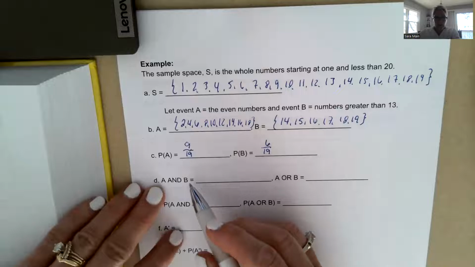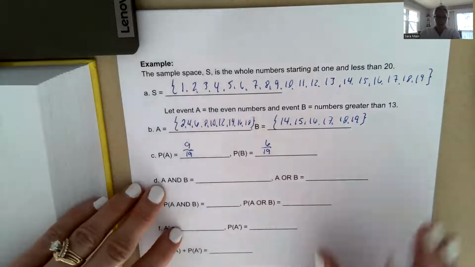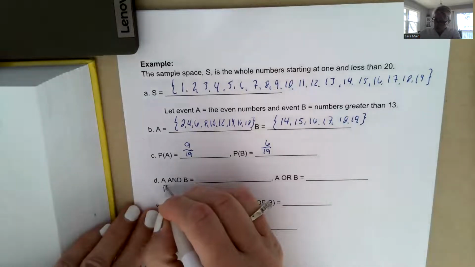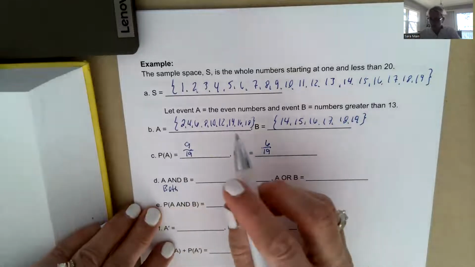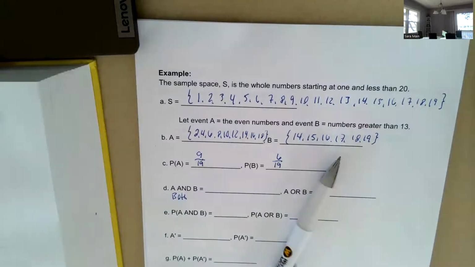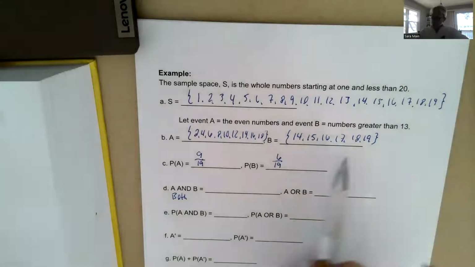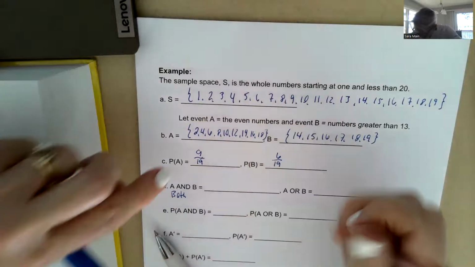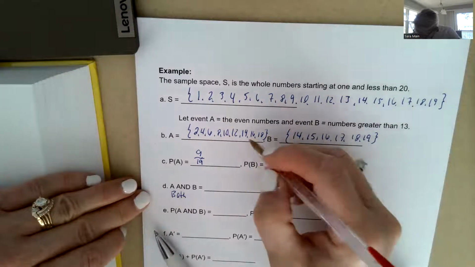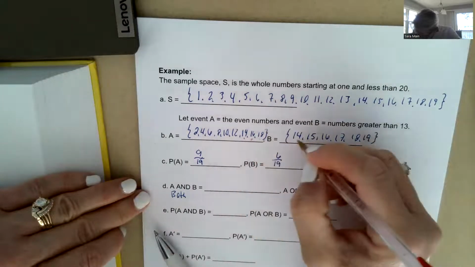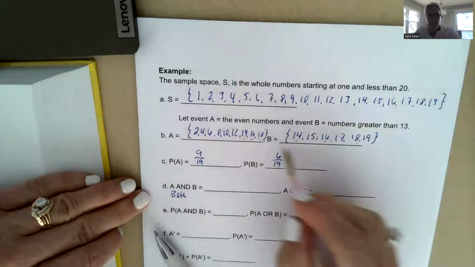D says, what is the probability of A and B? So A and B means they have to be in both. So let's mark with a red pen all of those that are in both. So it looks like 14, 16, and 18. 14, 16, and 18 are the three that are in both.